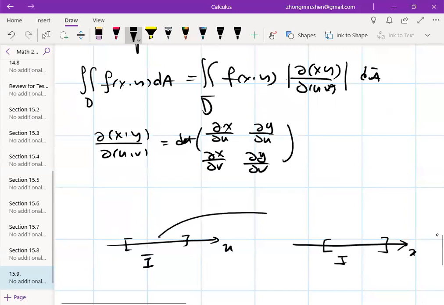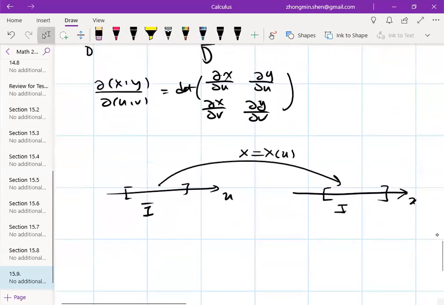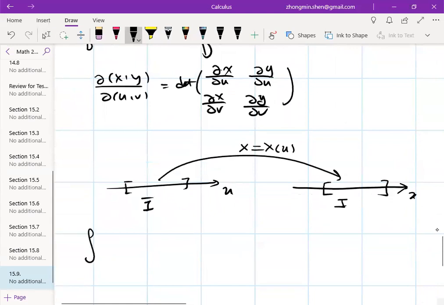This is U to X. So if I have a map, and this map, I just call X, X depends on U, just U, right? It sends this interval to that interval. Then the single integral over I of f(x) dx, I just use I, I don't use the A B here.